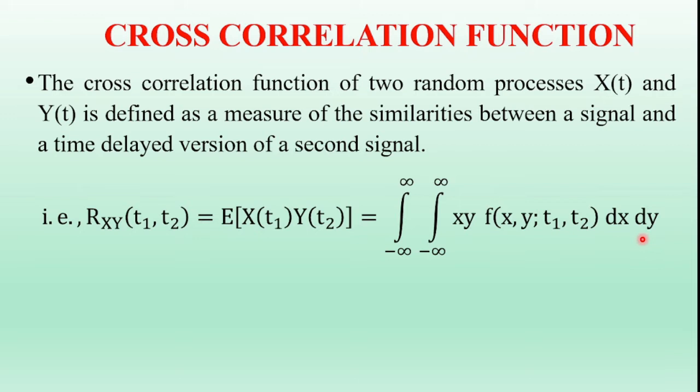And this is the definition of the cross correlation function of the random processes x(t) and y(t).